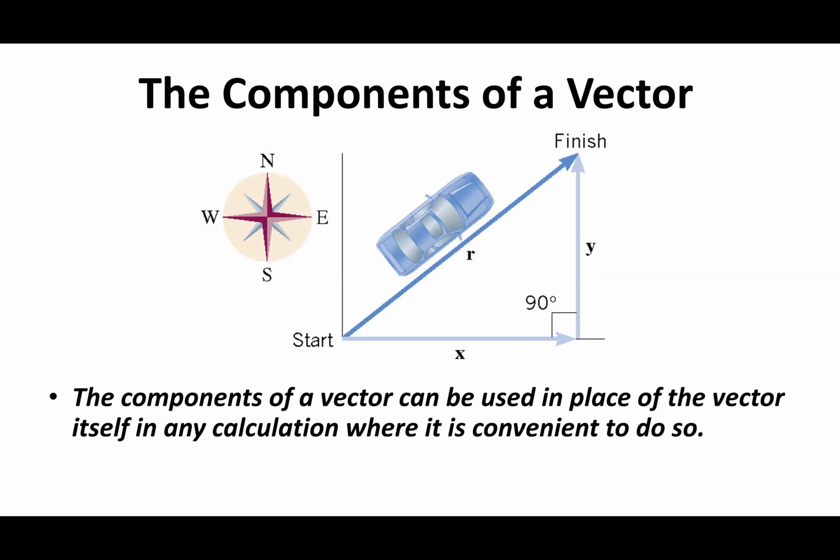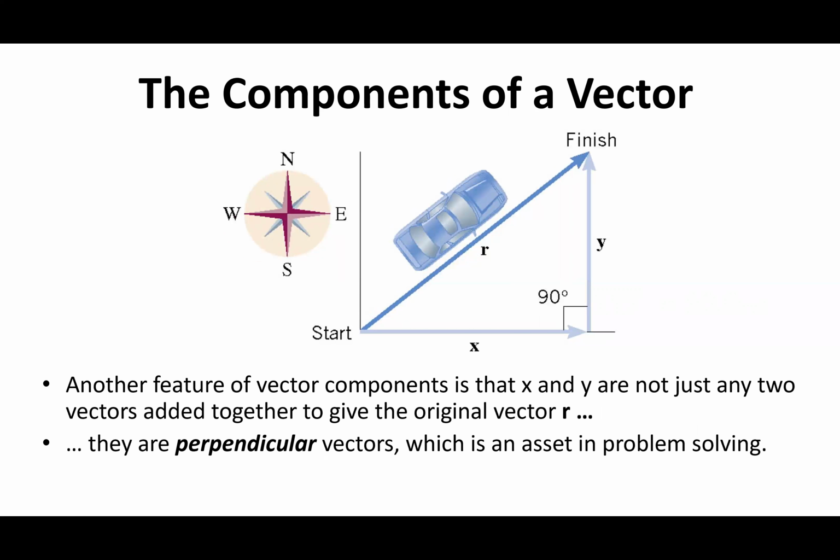So as it says here, the components that we use, we're going to place them not just anywhere, but where it's going to be convenient to help us do some calculations, right? We could use it in any way that makes it easier for us, but making it at 90 degrees is the easiest. It's the most helpful. So that's what we're always going to do, is make it at 90 degrees.